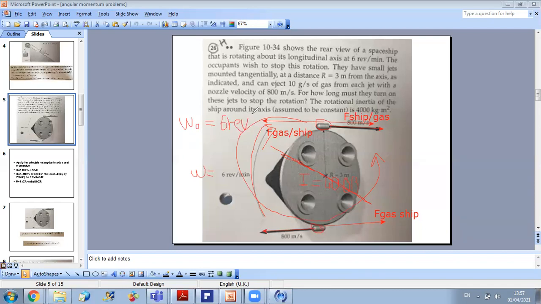This is the first piece of information you know. The second thing you know is omega final. What is our purpose at the end? Zero. Omega final is 0. So I know omega initial, I know omega final, and I need to find a time delta t. So what should I think about?